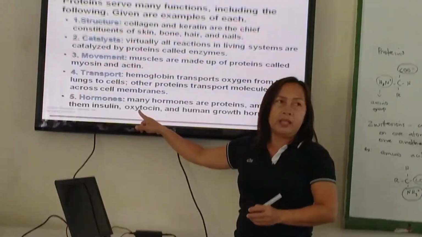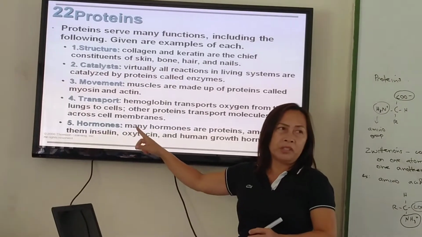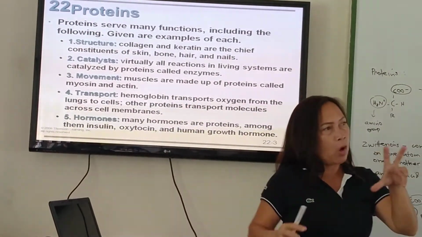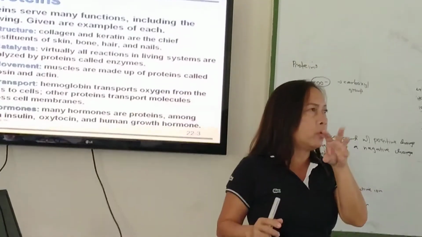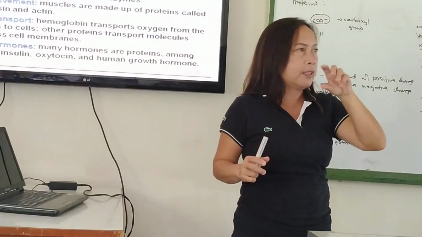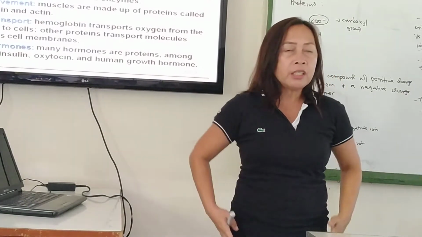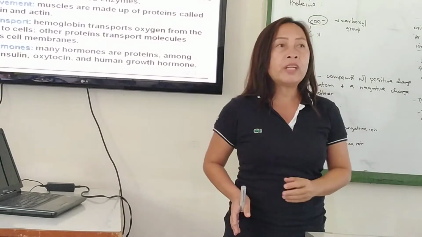Oxytocin is another protein. What's the function? Oxytocin is a hormone that stimulates the smooth muscle contraction in the uterine wall during delivery.